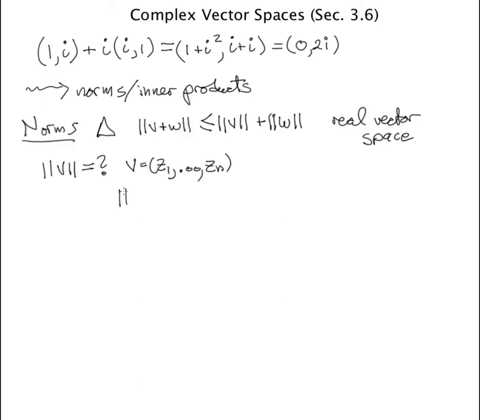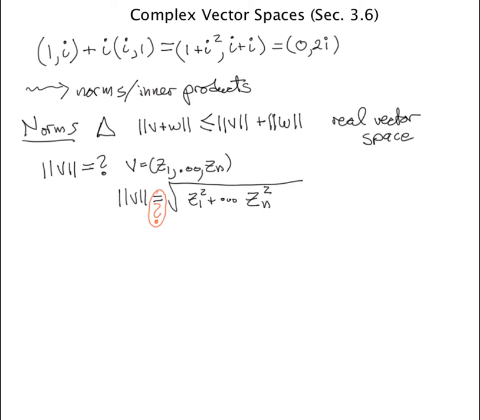Well, the obvious thing to try is, what's the norm of v? It's the square root of z1 squared plus dot dot dot zn squared. Let me put a big red question mark here. Is this a reasonable definition of norm?